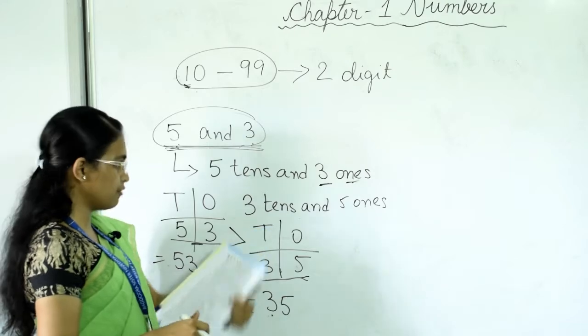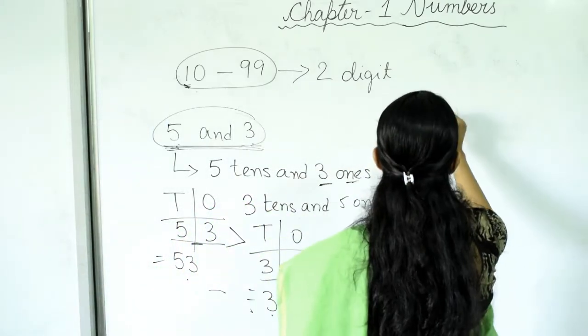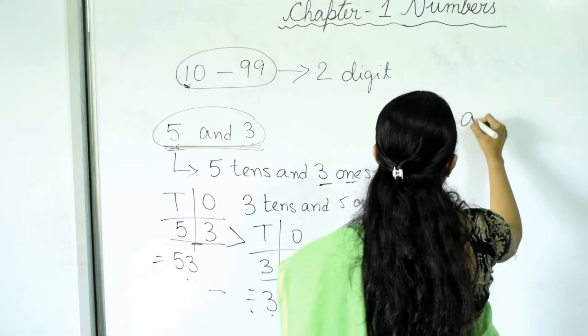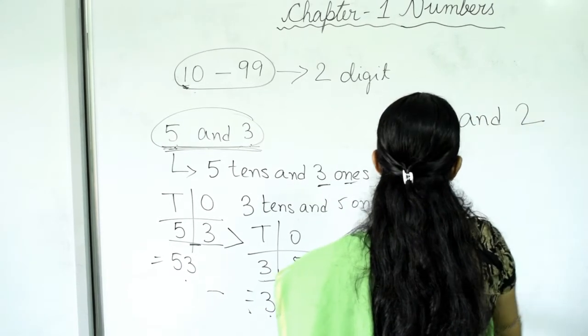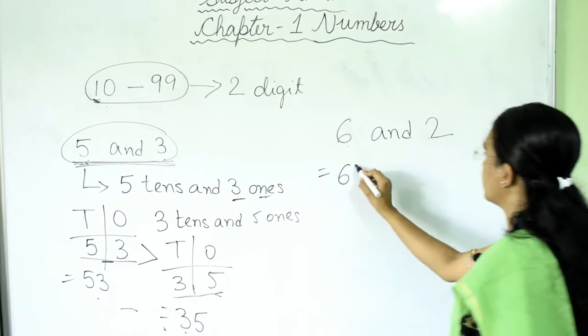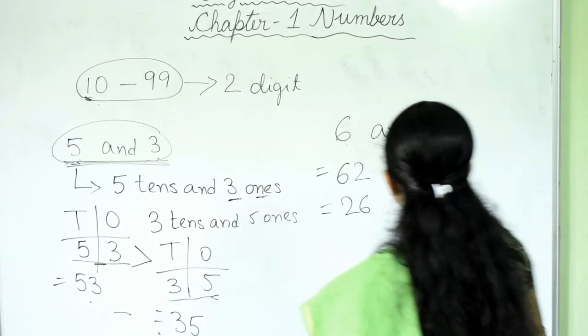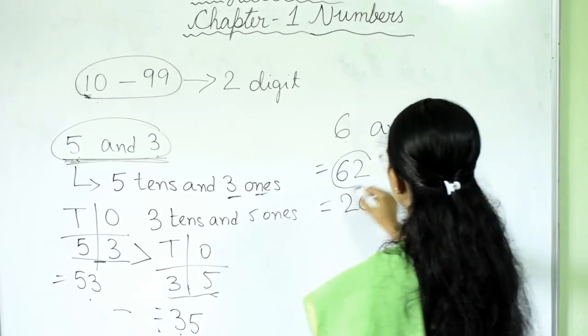Now we can form other numbers with the help of other digits, with the help of two digits. Suppose like 6 and 2, we can make 62. We can also make 26. Now which one is the biggest number? 62.